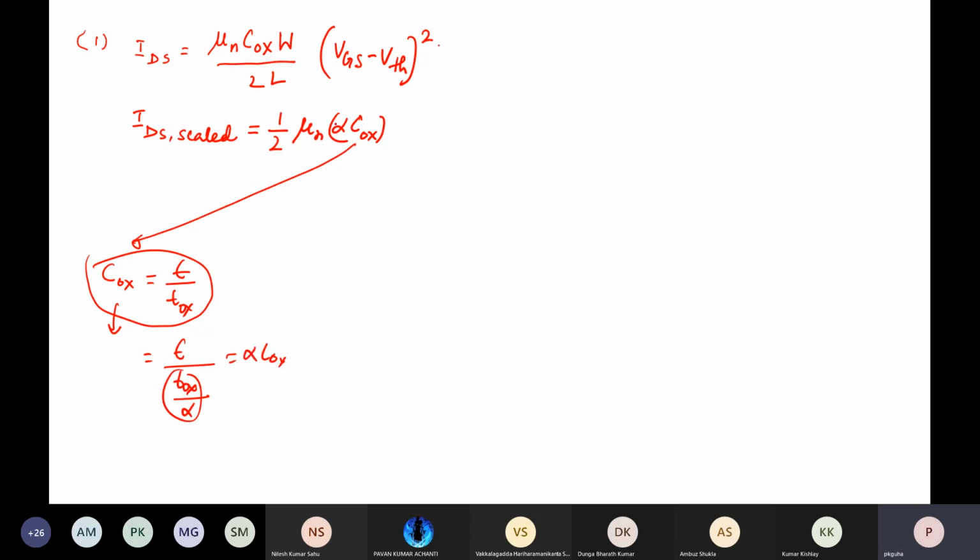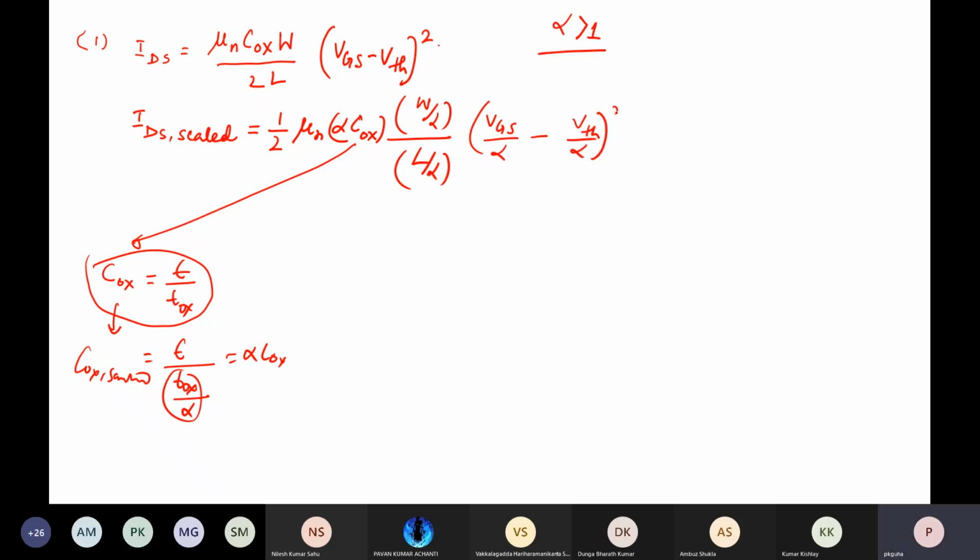That is what I have written here, Cox scaled will be alpha Cox, and that is W by alpha over L by alpha. You remember, alpha is more than 1 and we are scaling down different dimensions. And of course, if it is constant field scaling, we need to scale down the voltages in the same proportion, right?